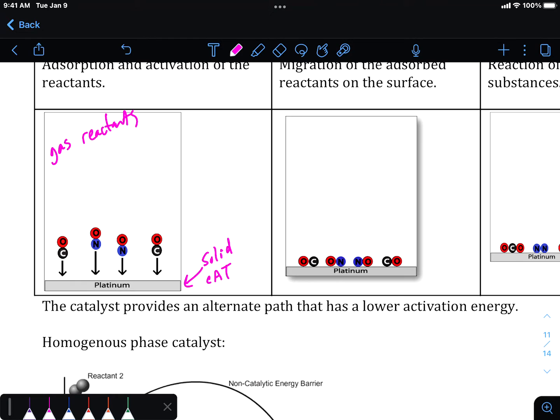So a lot of times when gas molecules react, you guys understand, we went through collision theory, and you know that the important factors are energy and orientation. Right? Getting molecules to collide at the proper angles, just moving around in free space, is difficult, and it's not very efficient. So the platinum or solid catalyst provides an area for reactants to congregate.